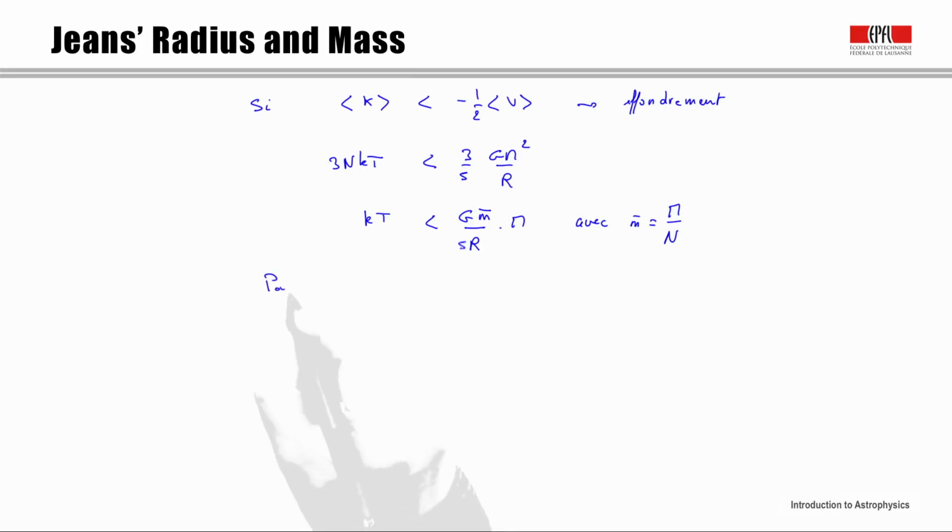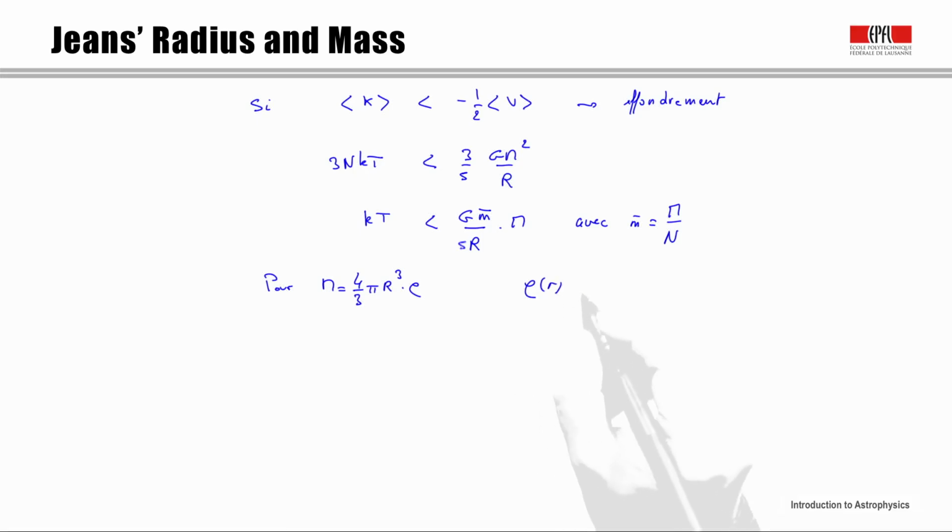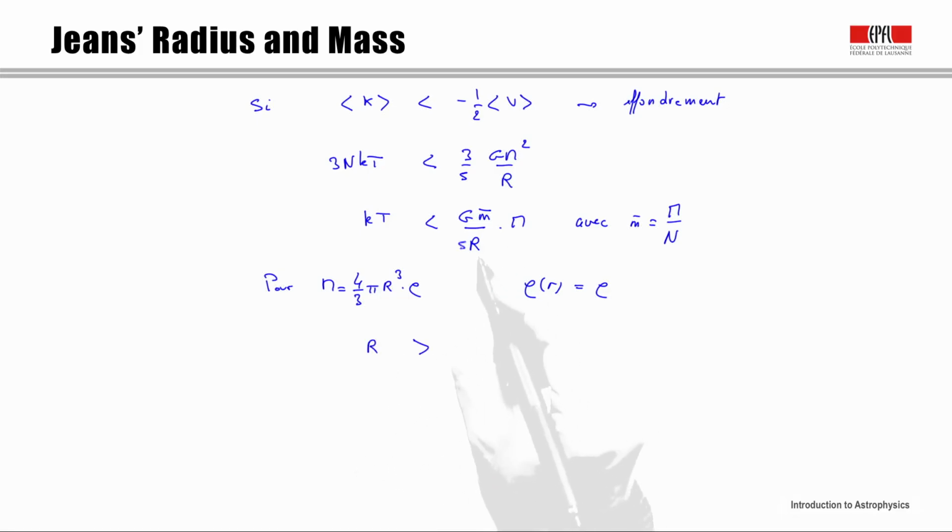If we now also assume that M equals 4/3 pi R to the third power times the density, supposing that the density does not depend on the radius, and that it is therefore constant everywhere in the cloud, we can then rewrite this inequality in another form. R goes from the denominator to the numerator, since we invert the inequality.